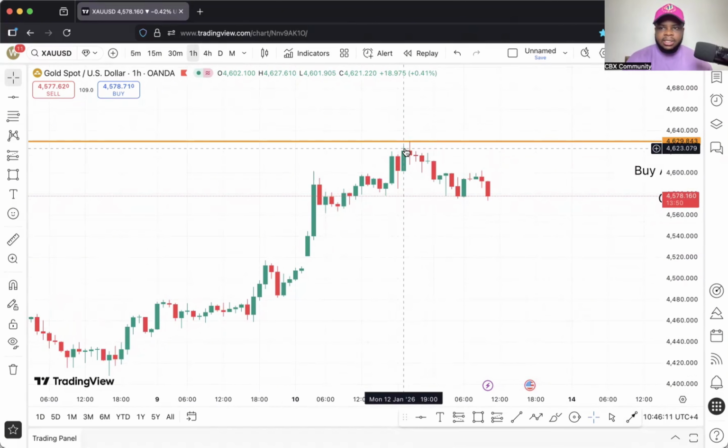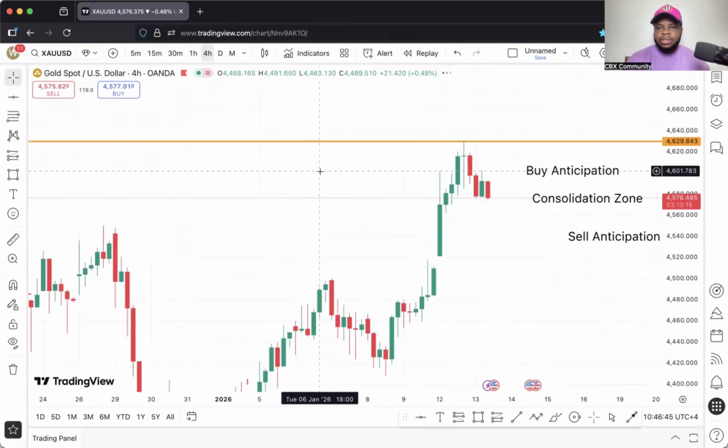Like I said, it's very important for us to look at the higher time frame and also look at the lower time frame just for us to have an idea what the market condition is saying. 1 hour is also a higher time frame, 30 minutes also a higher time frame, but a lower time frame like 5 minutes, 15 minutes. But I don't usually look at the lower time frame. But the moment you keep moving from the month to the daily to the H4 to 1 hour and 30 minutes, you'll be able to have a clear view of what the market condition is saying.